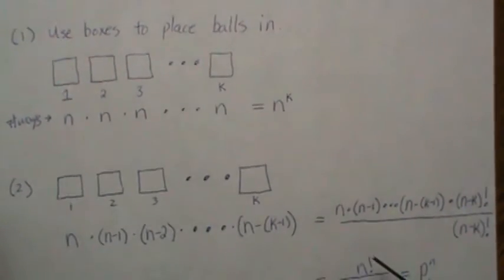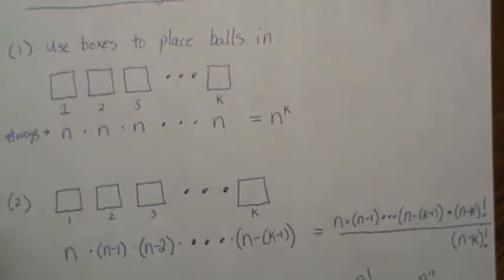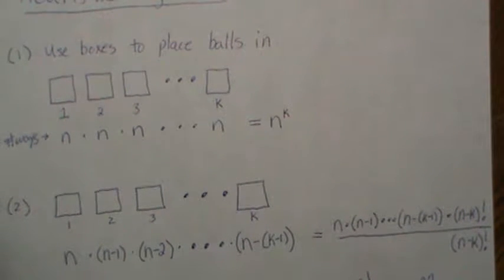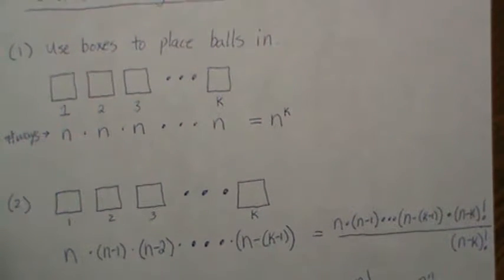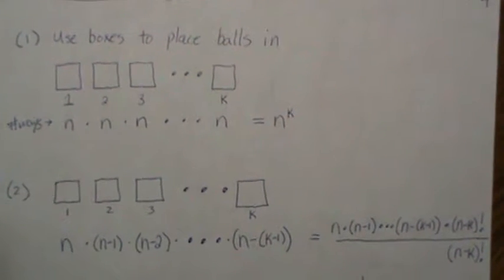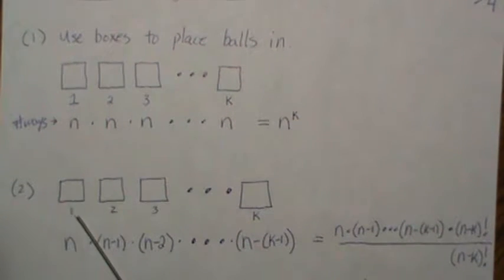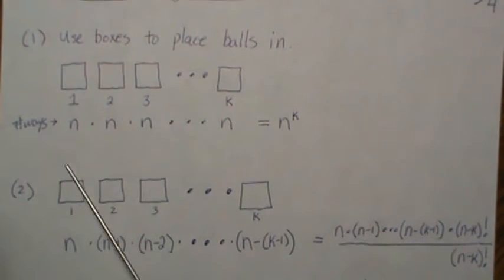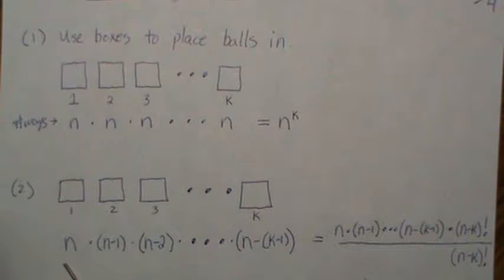Now, this one is again an ordered sample, but it's without replacement, okay? So here, in the first box, we can randomly pick one of the n balls, and there's n choices to pick from. But for this one, once you've chosen one of them, there's only n minus 1 left.